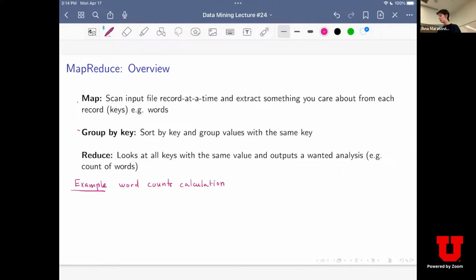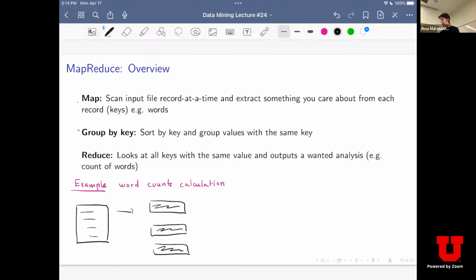So we are going to first have our data in our distributed file system. Here is some textual data. It's going to be split across different nodes, right? So we are going to have a chunk of this data on one node, a second node, and a third node.